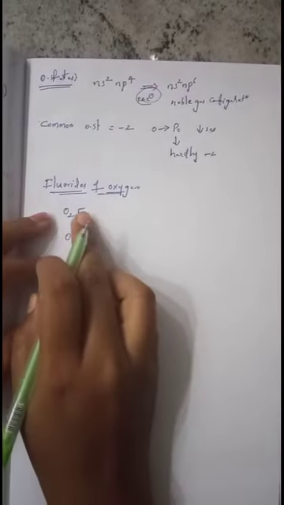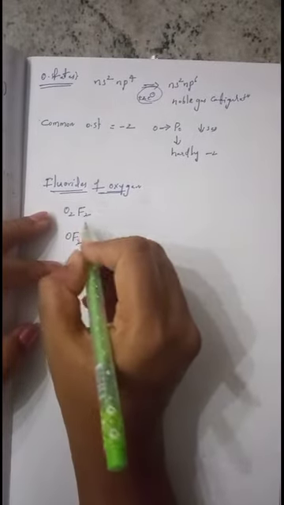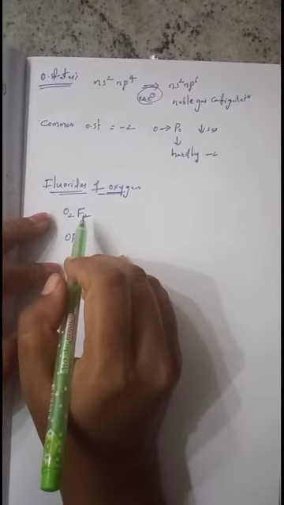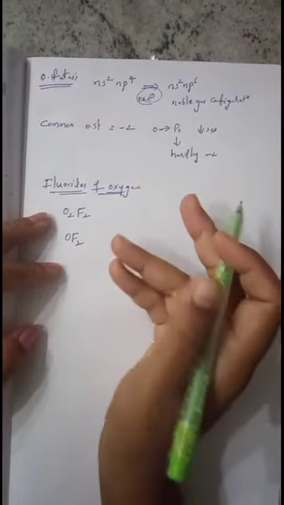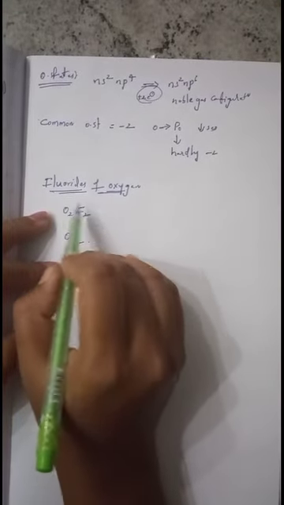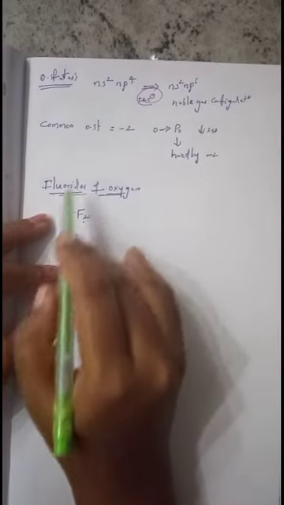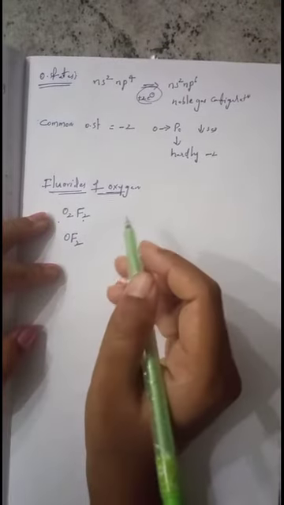These are two different types of fluorides formed by oxygen. As I already told you, the most electronegative element in the periodic table is fluorine. So whenever oxygen combines with fluorine, it does not show a negative oxidation state, it tries to show positive oxidation states.